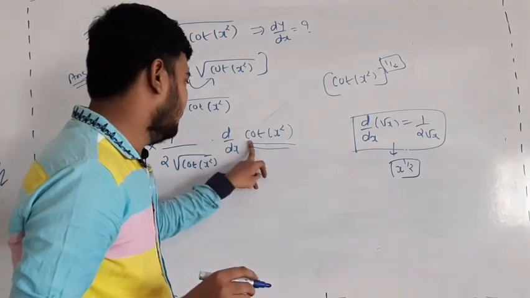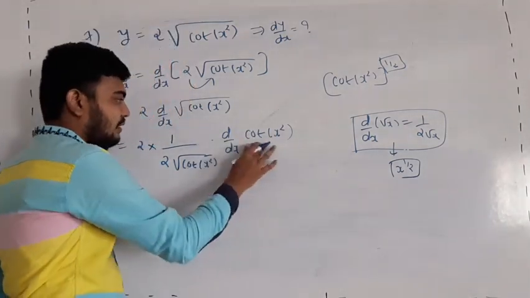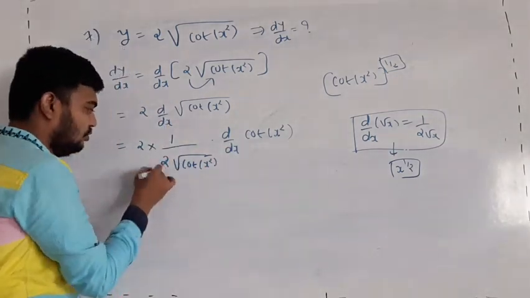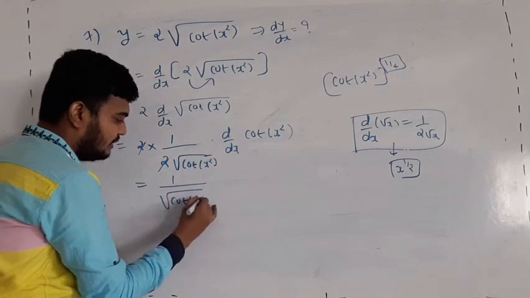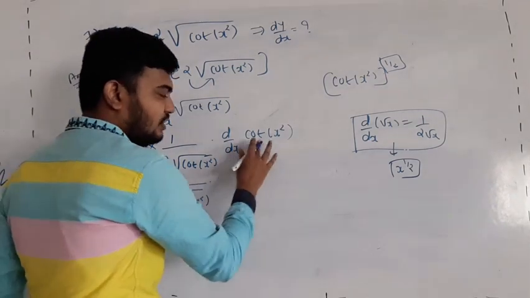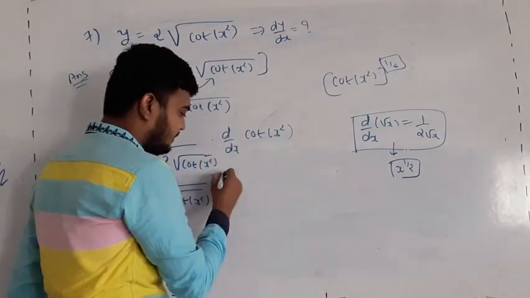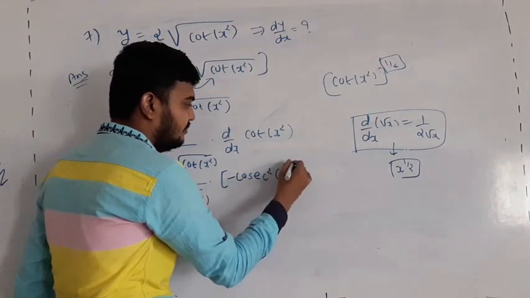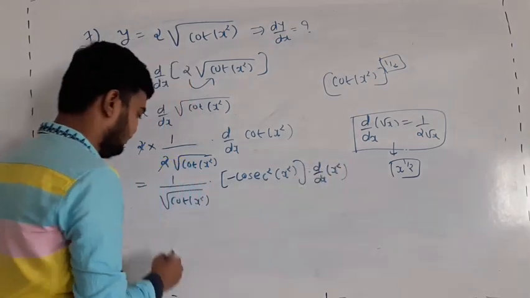So 2 times 1 upon under root cot of x square, and here the outermost function is cot, so obviously the differentiation of cot is minus cosec square x square, the angle is the same, and d by dx of x square remains.